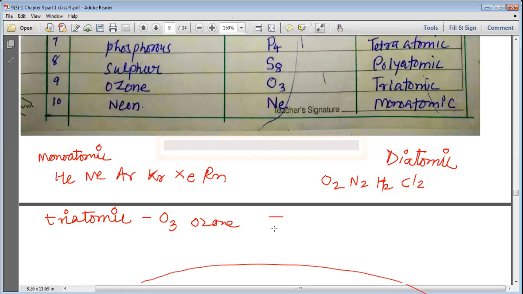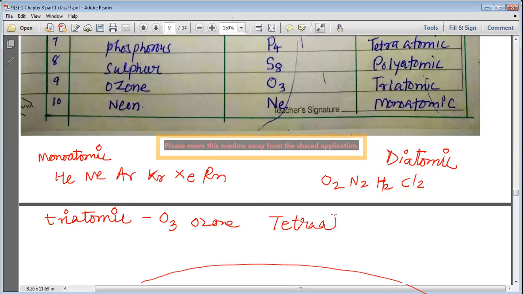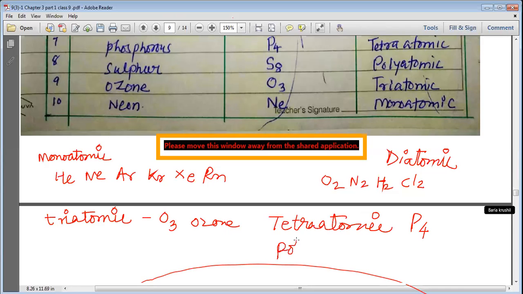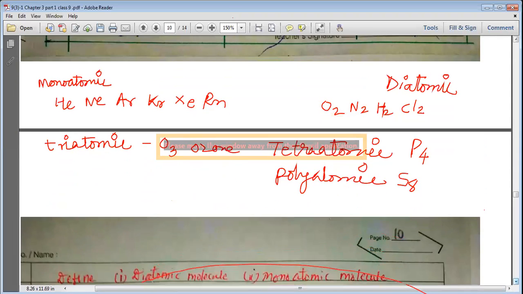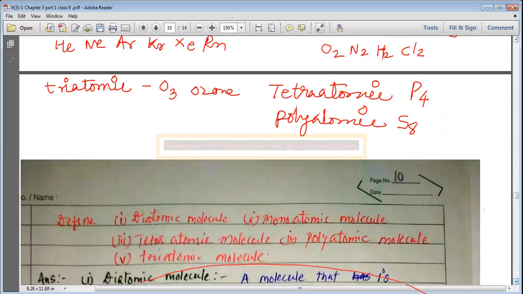If you are looking for tetraatomic, you can think of phosphorus, which has 4. Or if you are looking at polyatomic, that is your S8 sulfur with the 8 atoms. So this is what it was, the revision of the previous table for you, my dear students.